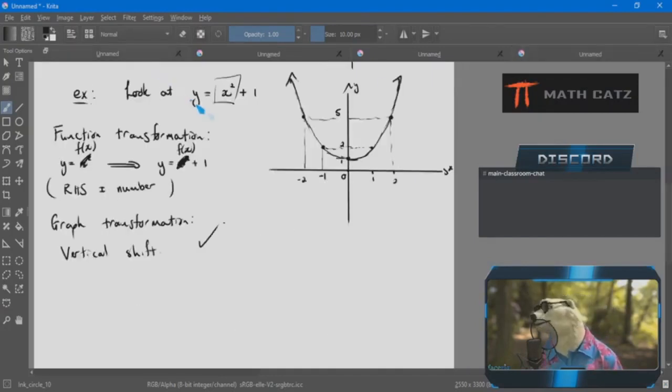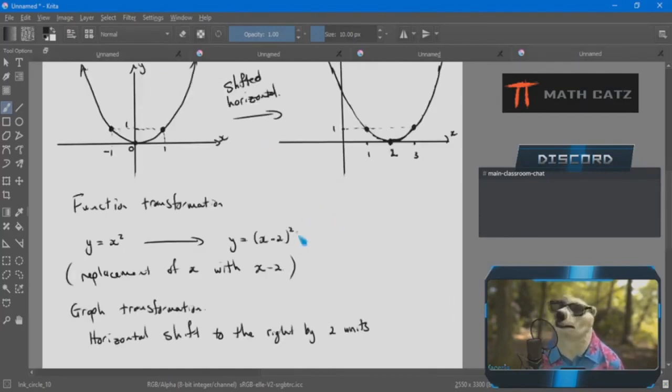When I looked at the vertical shift, adding a number meant moving up the y-axis, moving up vertically. Now, subtracting moves me along the x-axis in the positive direction. So it's not quite the same, and I have to be aware of that.